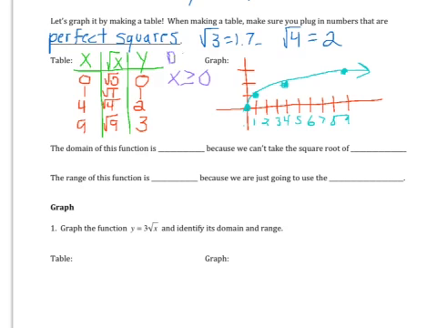So that's our domain. Our range is y is greater than or equal to 0. As you can see here, our y values start at 0 and they just get bigger. We're never going to have any negative numbers because in order for this to be a function, we can't have any values down here, or this graph would not pass the vertical line test.